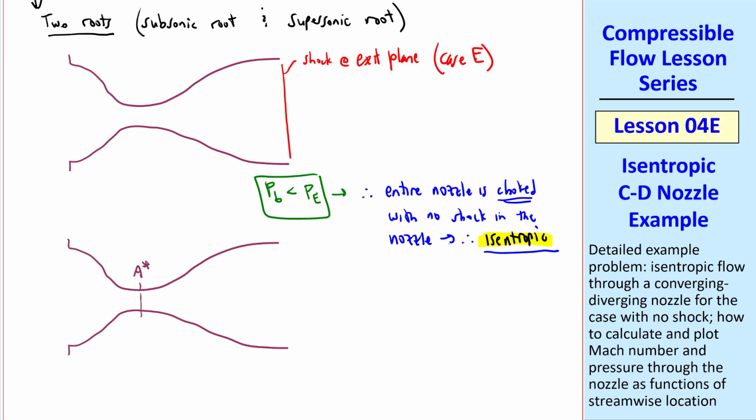The throat is what we call A star. We have upstream stagnation pressure and stagnation temperature in the large tank driving the flow. And as you recall, in the converging section, the flow is subsonic, and in the diverging section, the flow is supersonic. But for some arbitrary area in the duct, there are two locations where A over A star is the same.